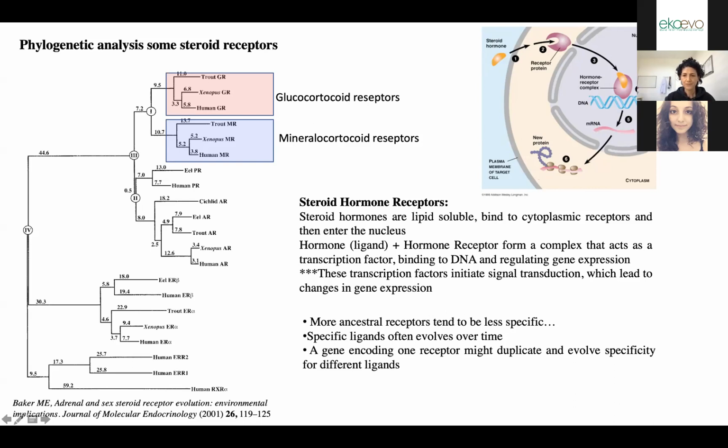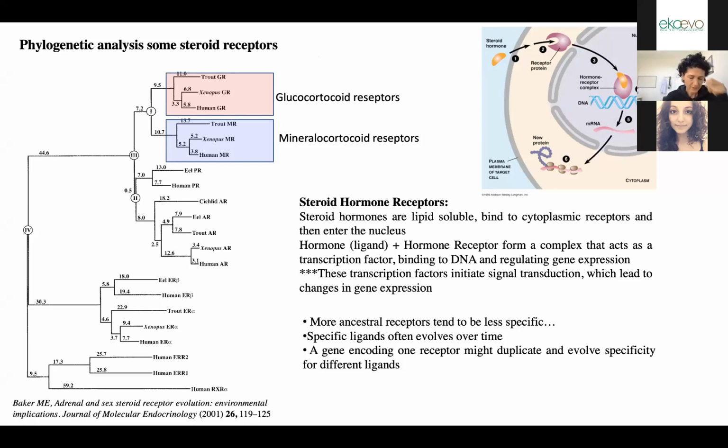So here I'm going to give information about the evolution of the mineralocorticoid hormone receptor. What we know about steroid hormone evolution, as you can see here, is this ER, the estrogen receptor. One of the most ancestral hormone receptors is the estrogen receptor.